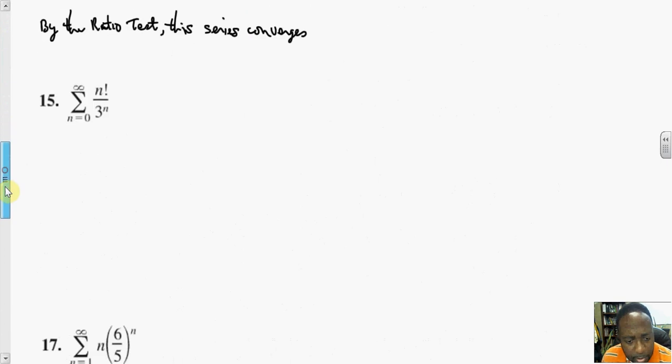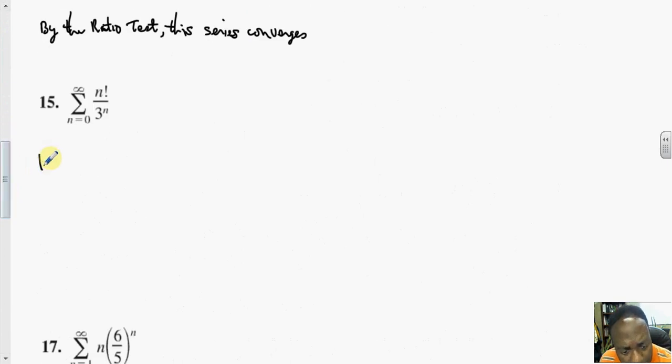Well, what about this one? The limit as n goes to infinity of the absolute value of, take the ratio, the n plus 1 ratio divided by the nth term. This is n plus 1 factorial over 3 to the n plus 1.